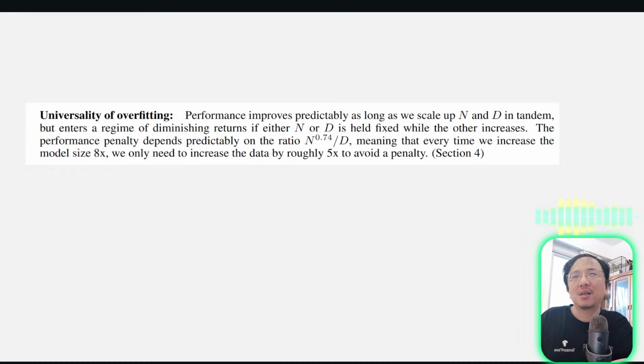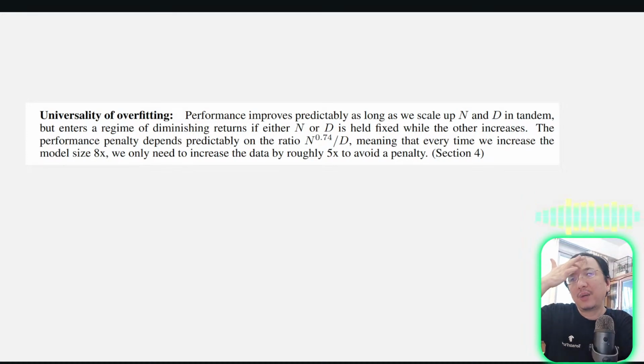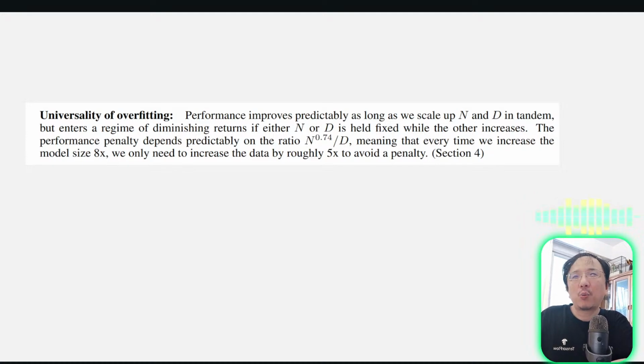It says that performance improves predictably as long as we scale up both N and D in tandem. 就是我们把 N 和 D 同时变高，当 N 和 D 都够大的时候，performance 是可以预测的。But if one of N and D is fixed, then the return is diminished.